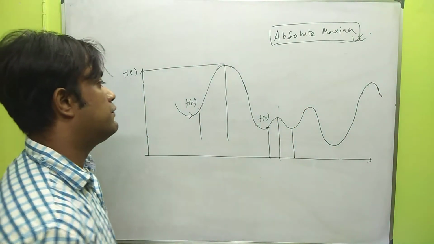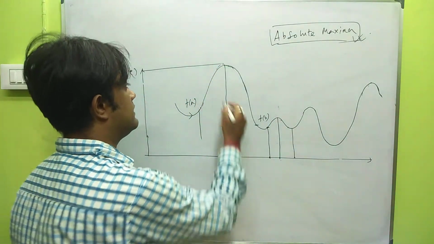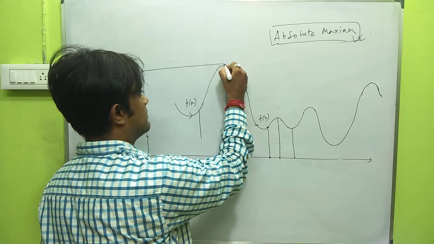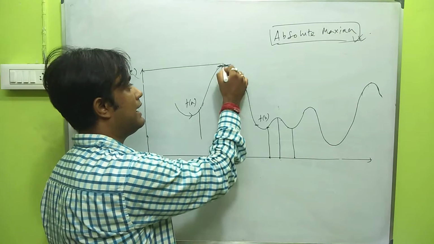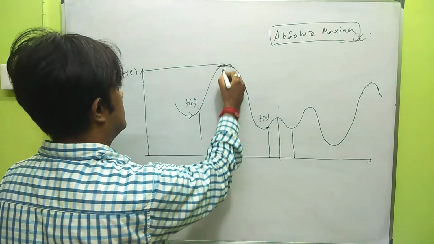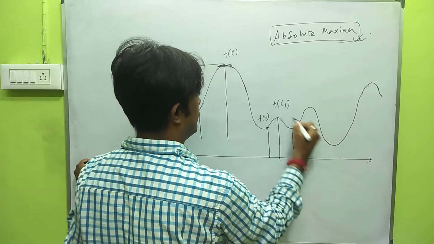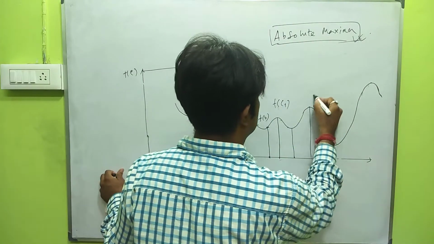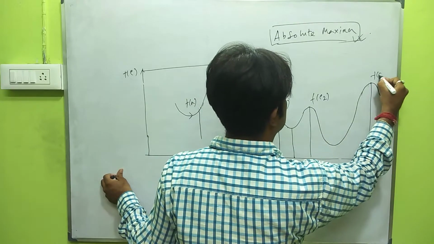If we follow this curve, this peak value is the highest local maxima. Suppose this is f of c, this is f of c1, this is f of c2 and this is f of c3.